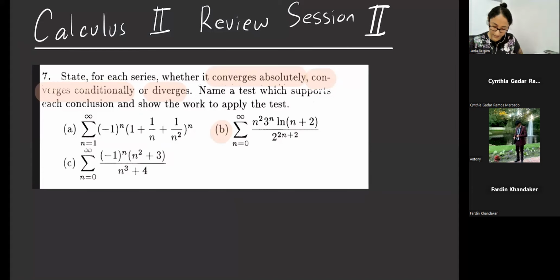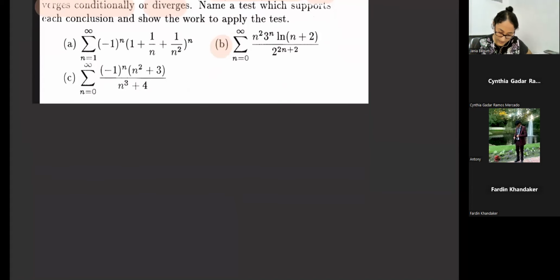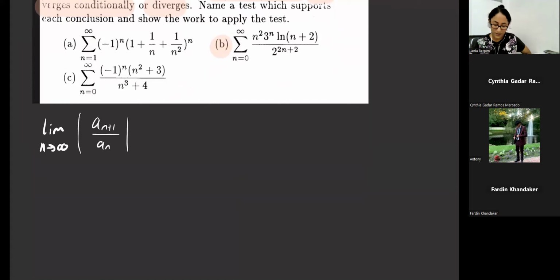Okay, so let's work it out. We're going to see what happens if you take the limit as n approaches infinity of the absolute value of a sub n plus 1 over a sub n. So I'm going to substitute n plus 1 everywhere there is n in our formula of a sub n.